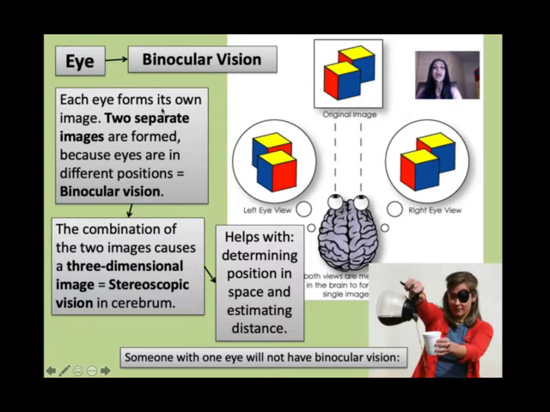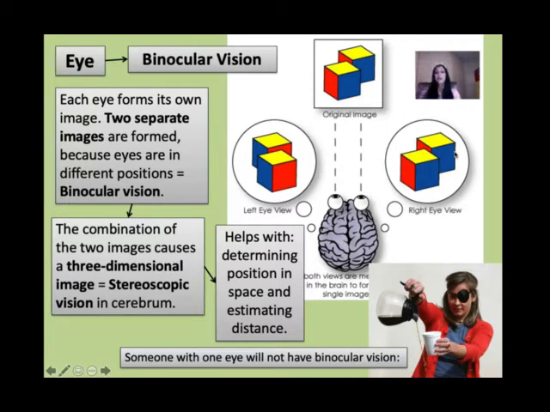So each eye forms its own image. Two separate images are formed. Why? Why do you think? Because our eyes are located in different positions on our faces. So because we have different images coming from both the eyes, we call that binocular vision of the same object, but we are getting two different images.